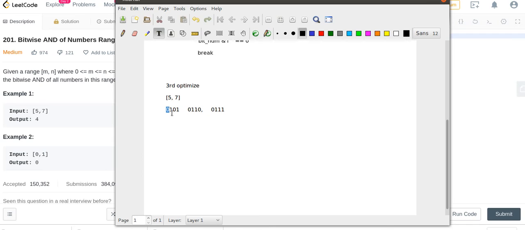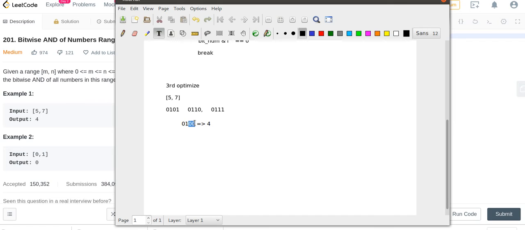We found that the first bit has a 0, so the answer is 0. The second bit has a 0 as well, so the answer is 0 0. And for the third bit, it has 1 here, so the answer should be 0 1 0 0, right? So the answer is 4.